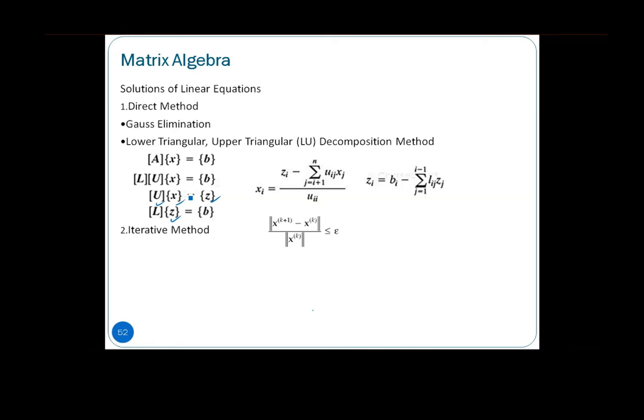So iterative methods solve the problem iteration by iteration, until the difference between the last two iterations is below a percentage tolerance that we set. Then we stop.